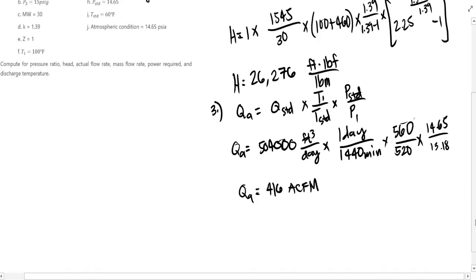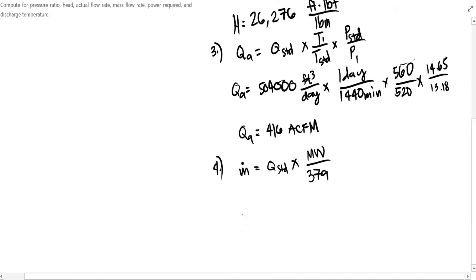Okay, so next is the mass flow rate. Okay, so 4. So mass flow rate m dot is equal to Q standard times yung conversion factor natin, which is MW over 379. And so M dot is equal to, Q standard is 504,000.